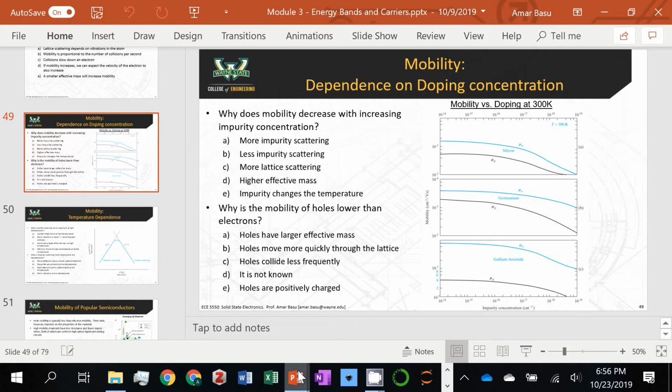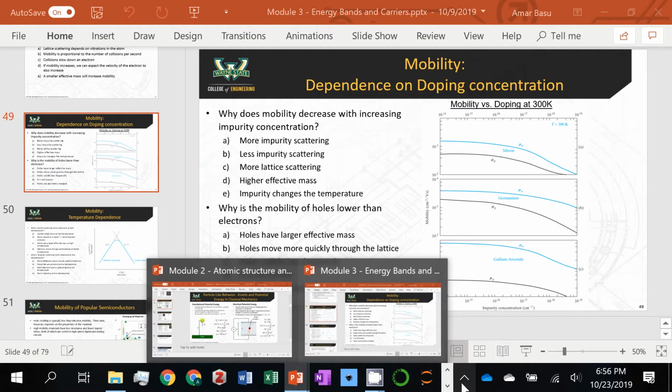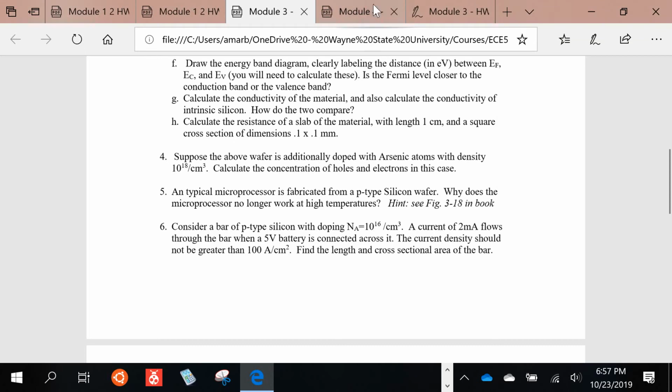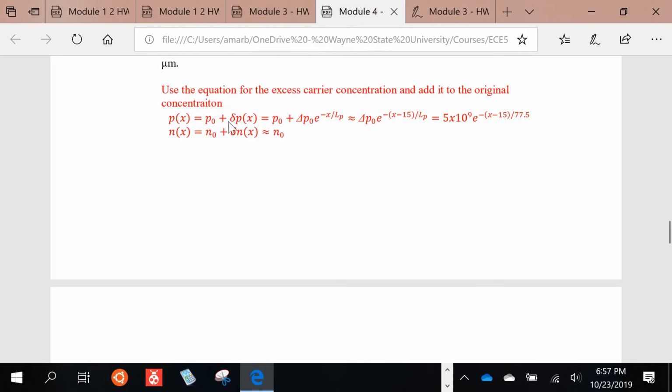All right, moving on. Let's go to Module 4. I would say the homework on Module 4 was probably the longest one.